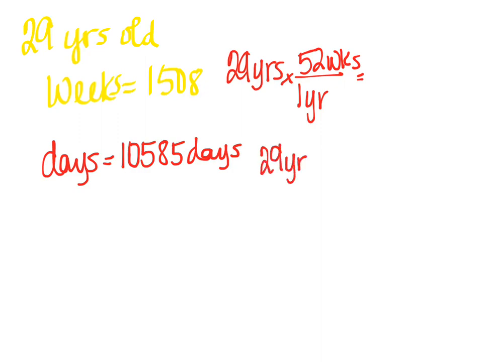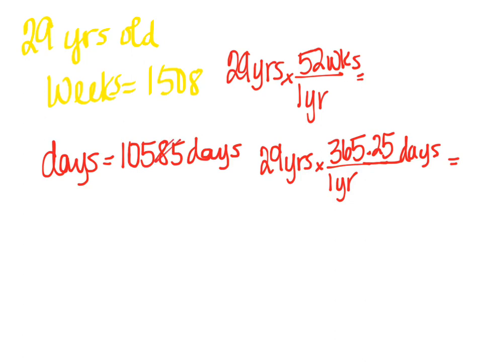We have 29 years, and in 1 year there are 365.25 days. You want to say 0.25? 25 days. And so what's the new answer once we do that? 10,592.25.